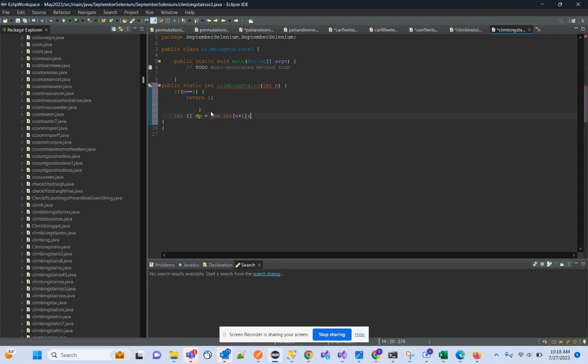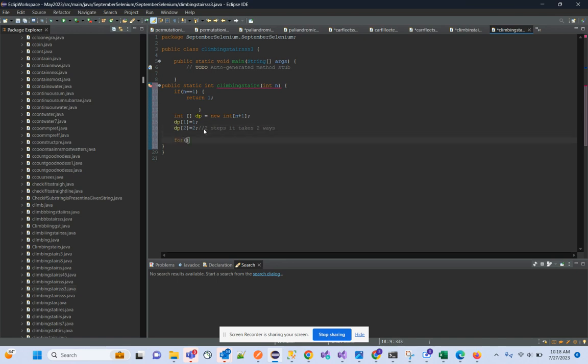Here I'm taking n plus 1 because indexing starts from 0, and we know dp of 1 is 1, dp of 2 is 2. These are the steps. We know that for one step it takes one way, two steps it takes two ways. Just for you I'm writing.